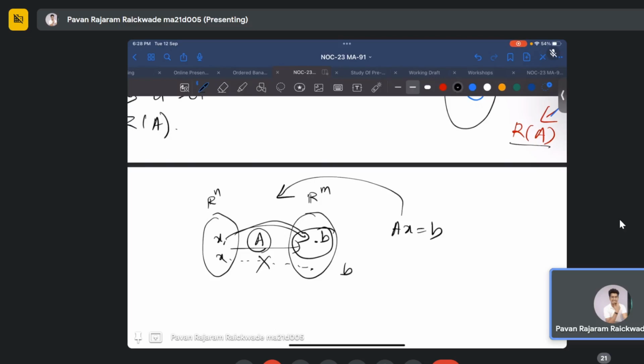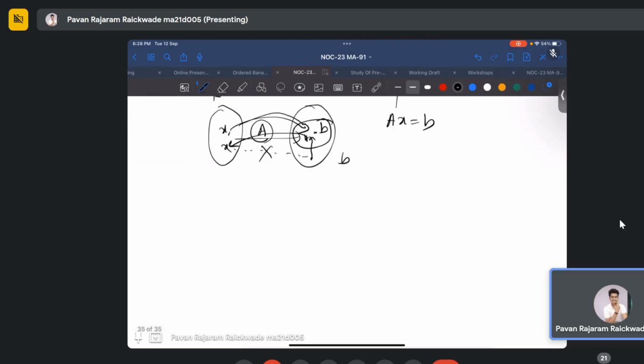So you take the best approximation of b in the range space, call this u, and then find the inverse image of that projection. That will be your least square solution. I'll express everything in a nice theoretical form so that you will understand more. Just give me a minute.